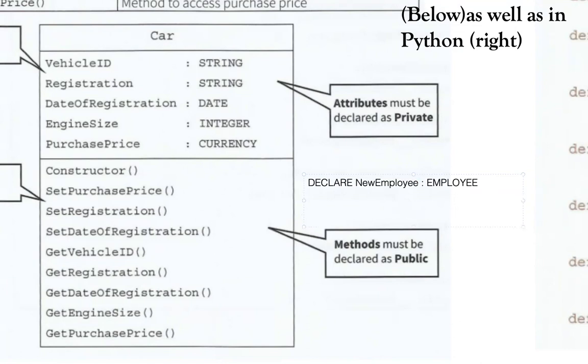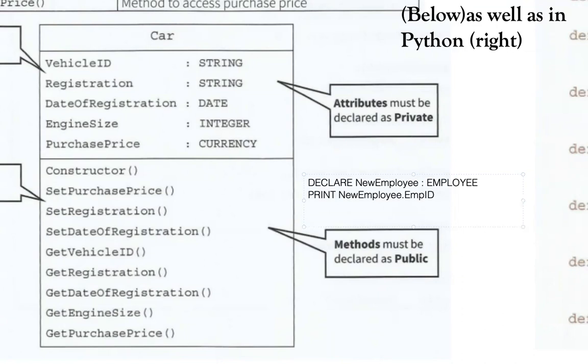If I want to print the employee ID for new employee, I simply write new employee dot employee ID, if the field's name was employee ID. What I did here is that I accessed the employee ID field of the new employee record and simply printed it.